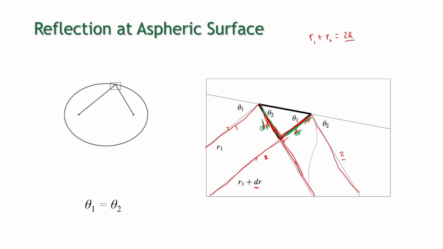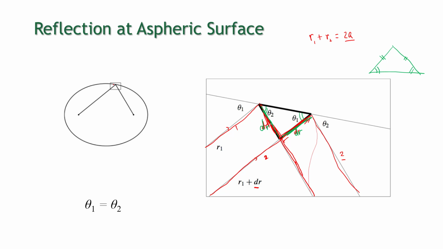That means in this triangle, if the two sides are equal, this side equal to that side, then this is an isosceles triangle, and the base angles of an isosceles triangle are equal. So this angle would be equal to that angle. This angle theta 1 is the angle of incidence, and theta 2 is the angle of reflection.